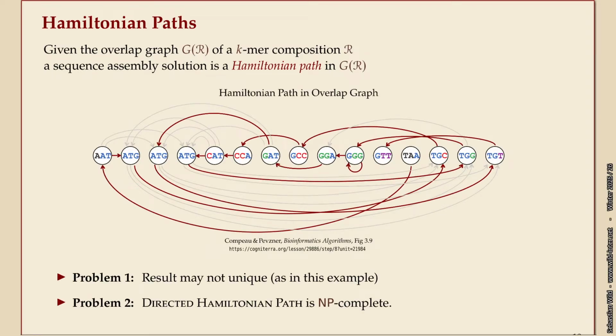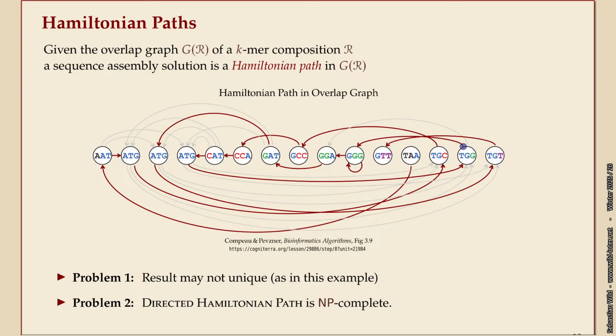And here's an example in the non-linear arrangement. And if you follow through the edges, you'll see that this is a different text that also matches the same k-mer composition.